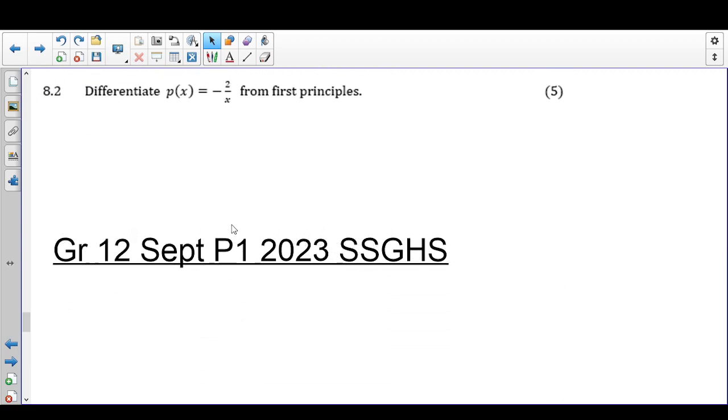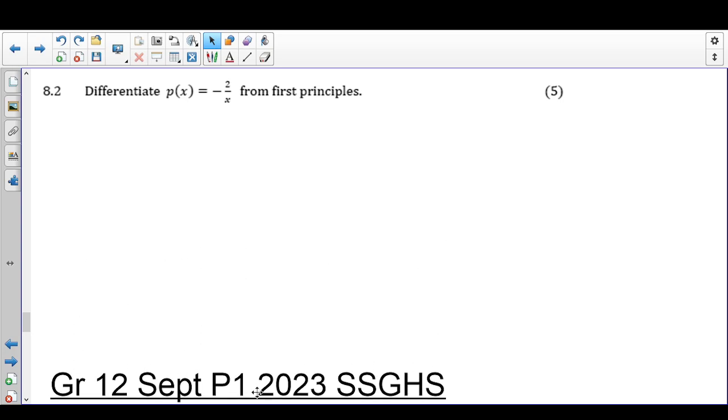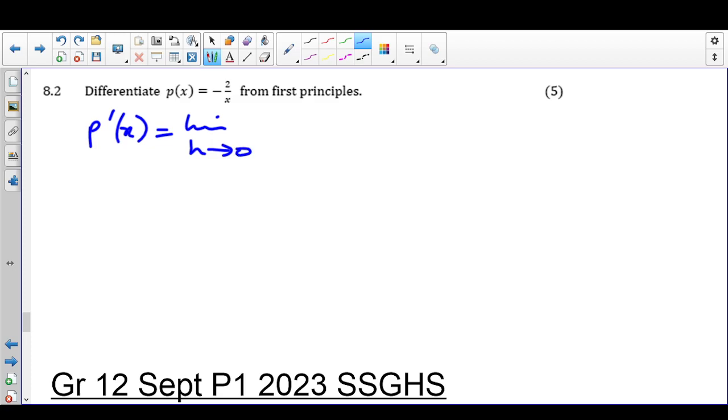People, from first principles, differentiate P of x from first principles. So the formula that needs to be followed is P dash x, P prime x is equal to the limit as h approaches 0 of P of x plus h minus P of x all over h.